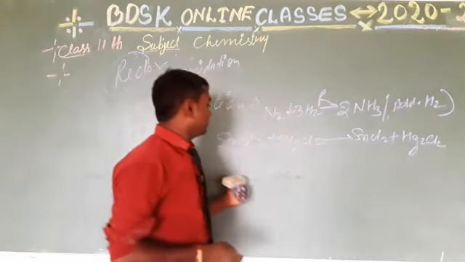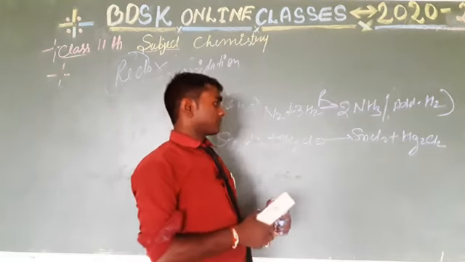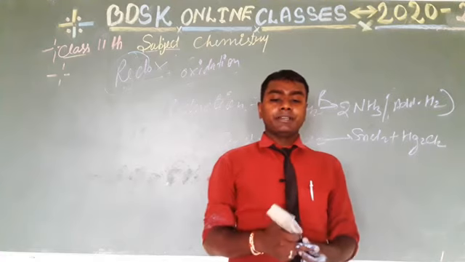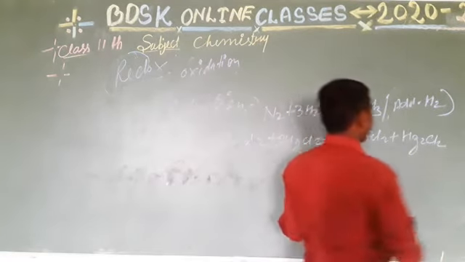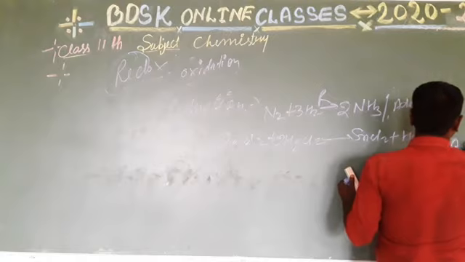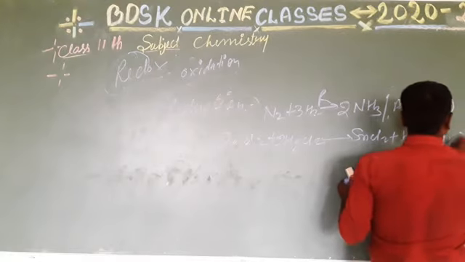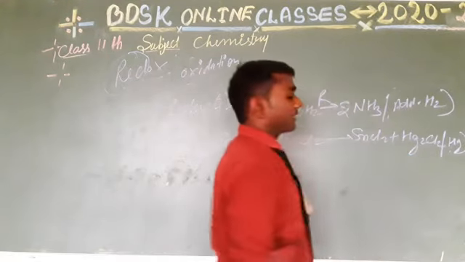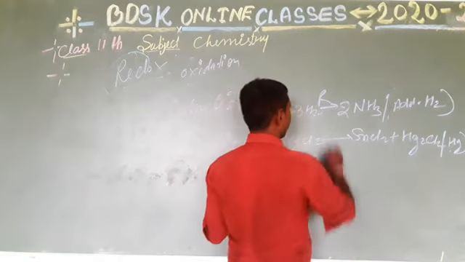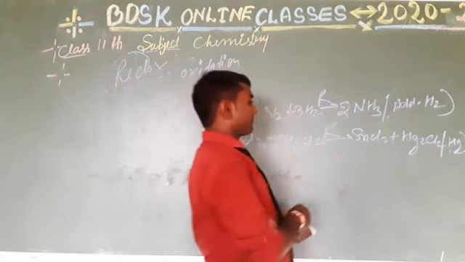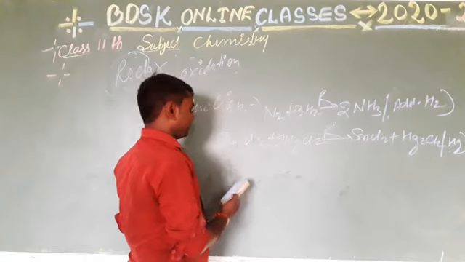So in this equation you can see that mercury is added. Mercury is an electropositive element that symbolizes reduction reaction.